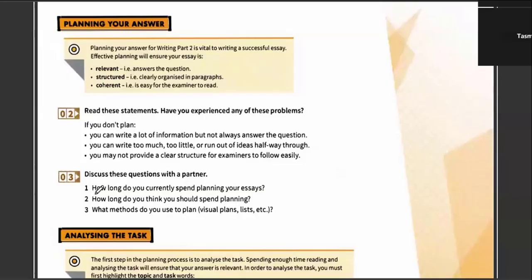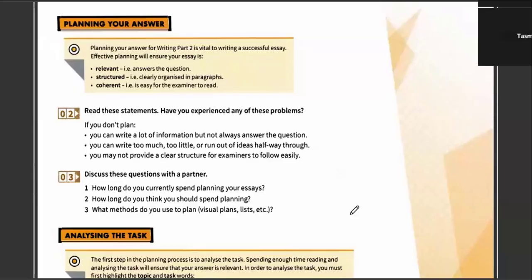Suppose for number one, it is how long do you currently spend planning on your essay? So how long do you spend planning on your essay before you write? Maybe like 5 to 7 minutes. Okay, well, that's good enough. What about how long do you think you should actually spend on planning?